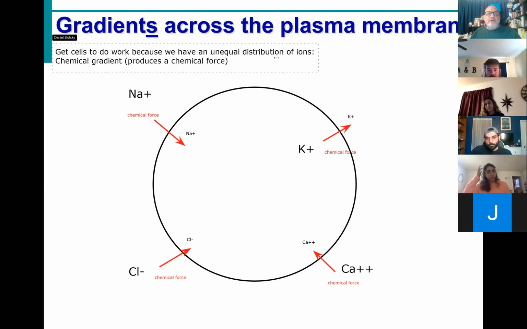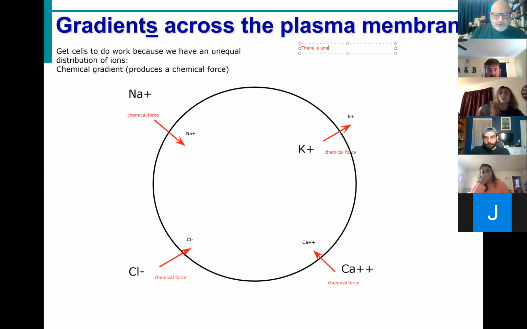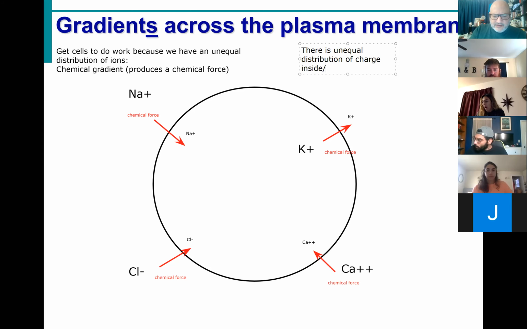So while it is 100% accurate and true that there is an unequal distribution of ions inside and outside of the cell, it also turns out that there is an unequal distribution of charge inside and outside of the cell.